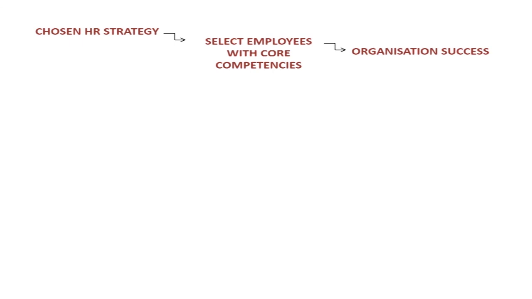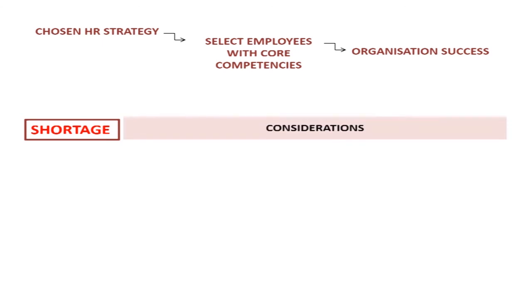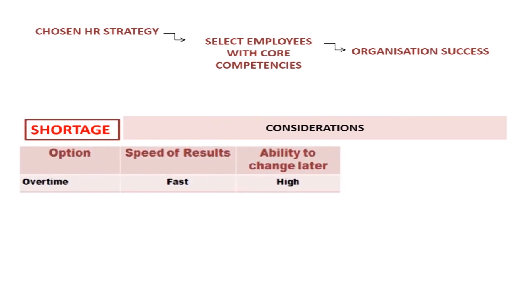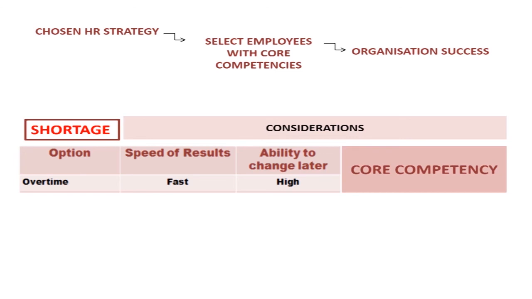For example, when we are looking at options for dealing with labor shortage and we select the option of overtime, then along with looking at the speed of result and the human suffering caused, we also need to consider the employees who have core competencies.